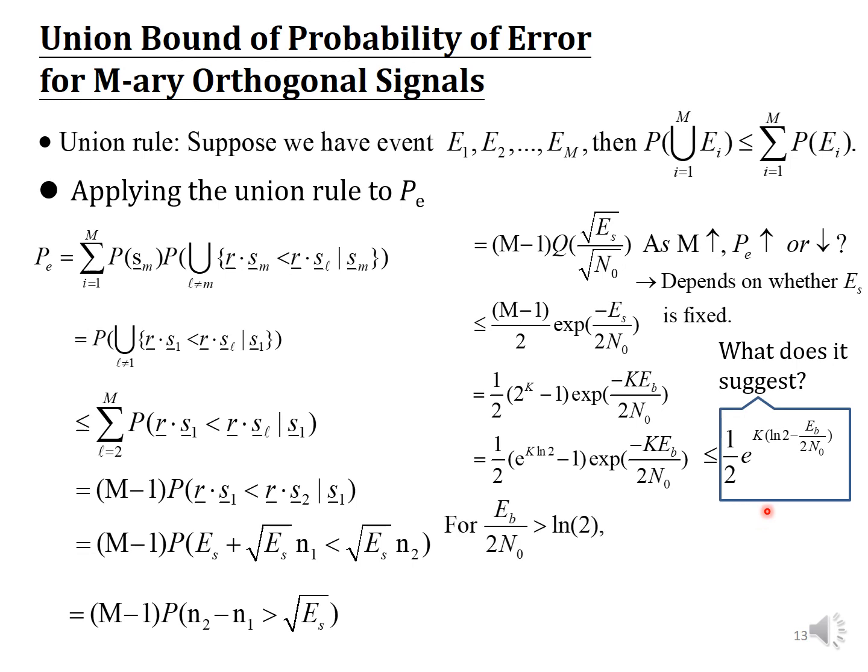Okay, here we can see that if Eb over 2N0 is greater than ln2, this exponent becomes a negative value. k is a positive integer, and if Eb over N0 is greater than 2 ln2, or 1.42, then we have this exponent negative.